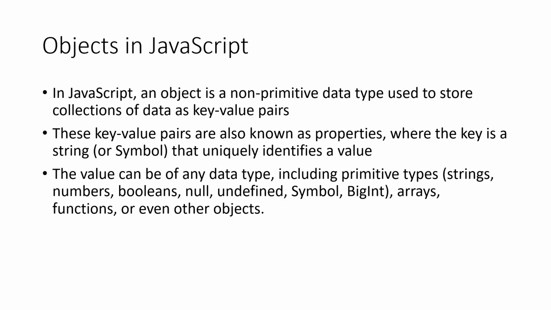The value can be of any data type, including primitive types and custom types. Primitive types include strings, numbers, booleans, null, undefined, symbol, and BigInt, and custom types include arrays, objects, functions, so anything. The value can be any data type, but the key should be a string only.